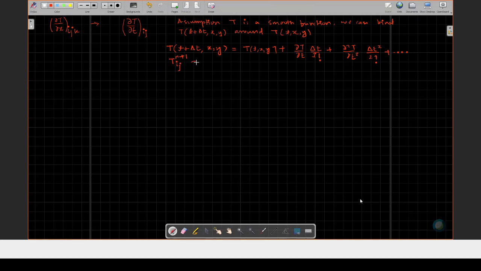In this case ij is not varying, ij is the same; only the terms are varying. So T at n plus 1 and ij equals T at the same ij and n, plus del T del t times delta t, plus d2T dt2 at ij and n times delta t square by 2 factorial, likewise.